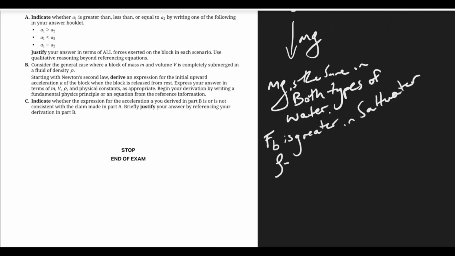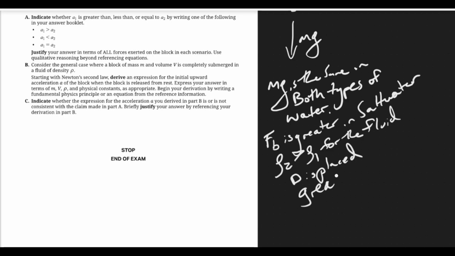So the density 2 is greater than the density 1 for the fluid displaced, meaning the fluid that's pushed out of the way of the block. Because the density is greater for that salt water, there's going to be a greater unbalanced force and a greater acceleration, so a greater a2.